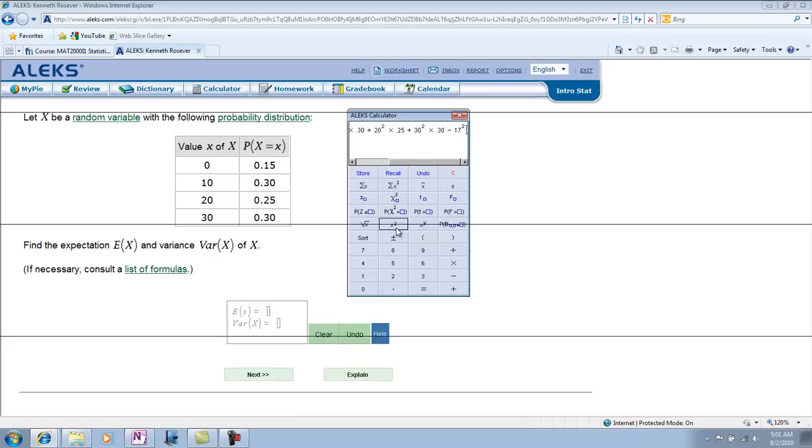That's the sum of the x squareds times their probability. You remember that's also called the expectation of x squared. So it's the expectation of x squared minus the expectation squared, or the mean squared. And it equals 111. So we had 17 there, and hopefully 111 here is correct.